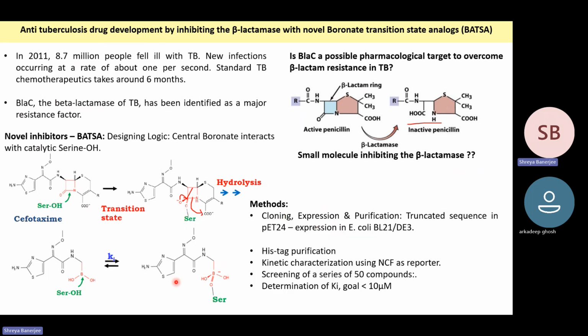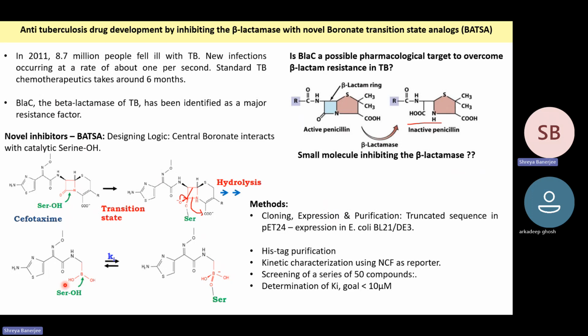So now the new drug has been designed. What was happening is that the serine in the bacteria was deactivating drugs which contain the beta-lactam ring, like penicillin and cefotaxime. It was attacking these drugs and opening this four-membered ring and deactivating these drugs. So the novel inhibitor that was designed was called BATSA, which contained a boronate residue.